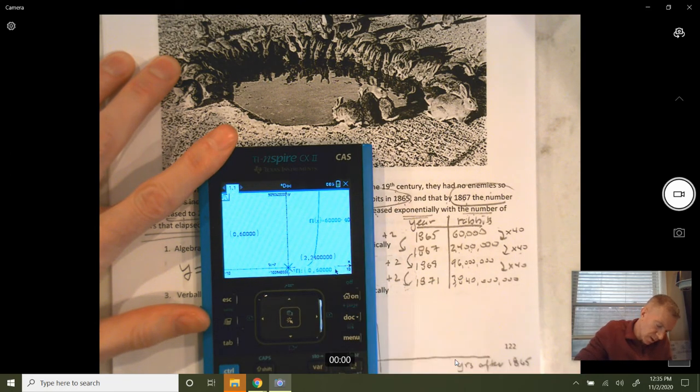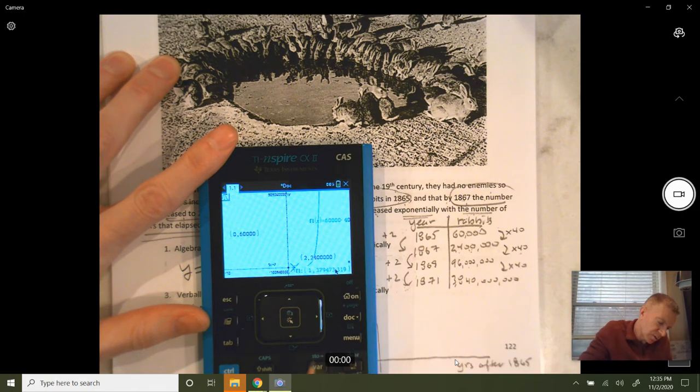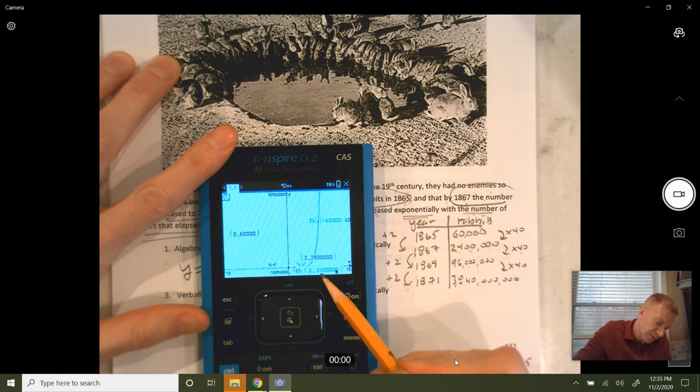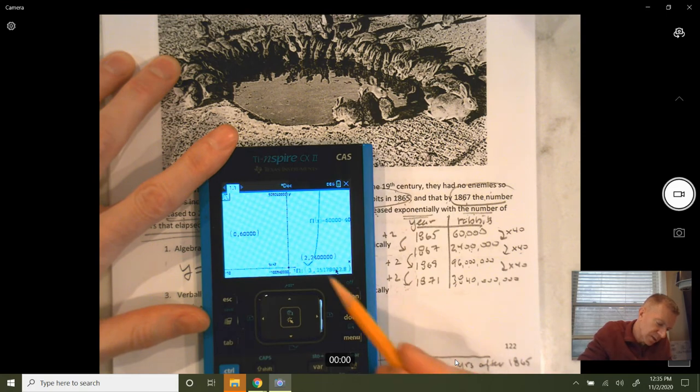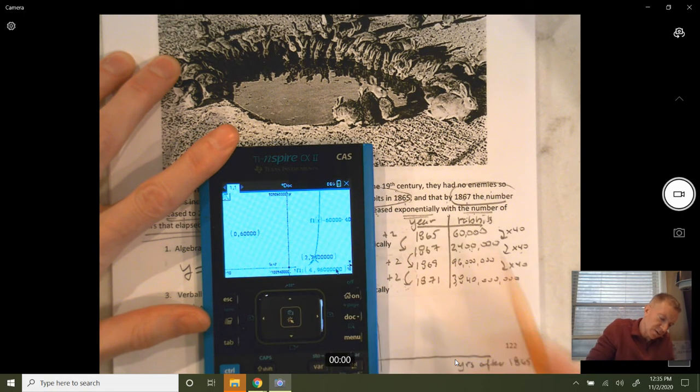At year 1, you're at 379,000. At year 2, you're at 24 million. Year 3, you're at 15 million. Year 4, we're at 96 million, and so on.